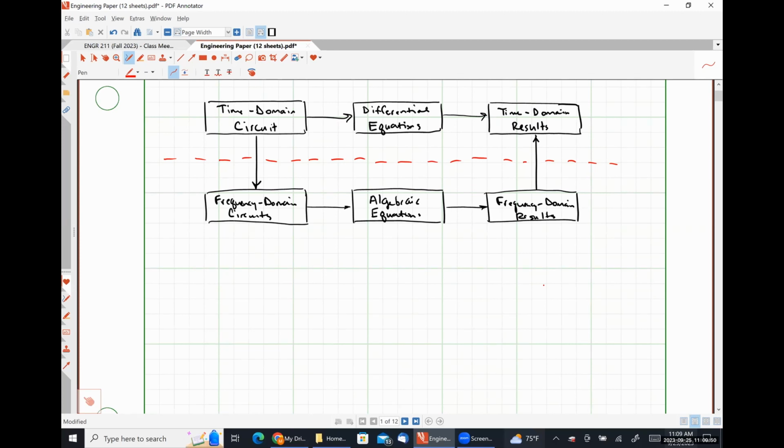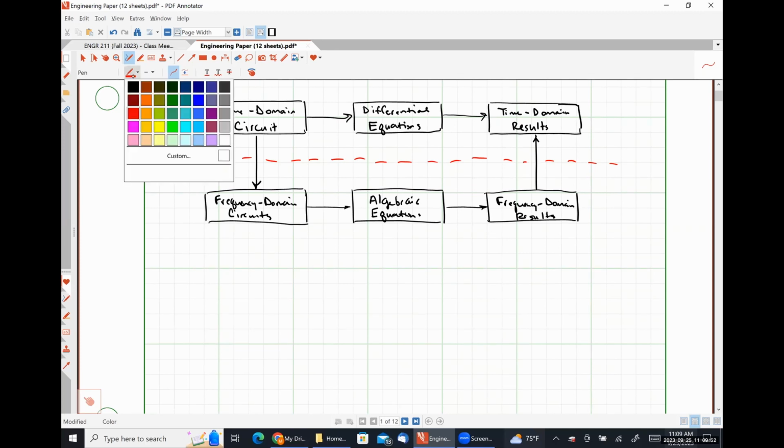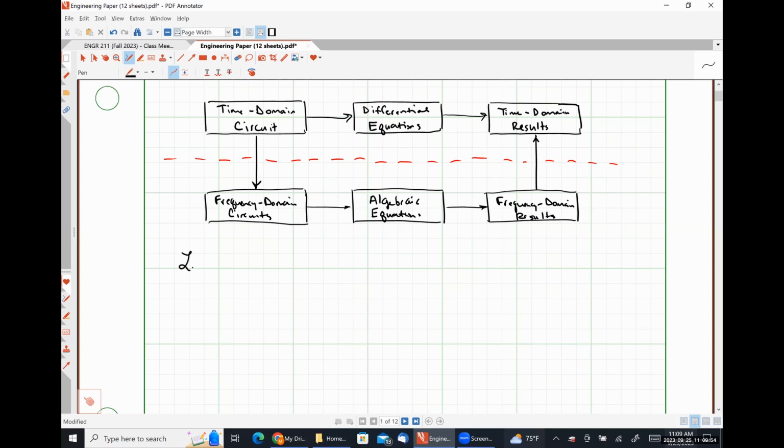If we have a function f of t, the Laplace transform of our function f of t will be the integral from negative infinity to infinity of our function f of t multiplied by the exponential function e to the negative st dt.